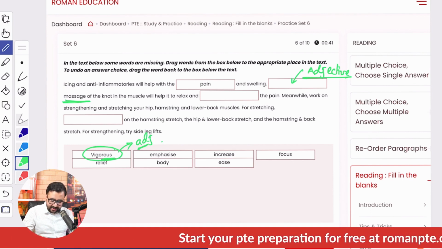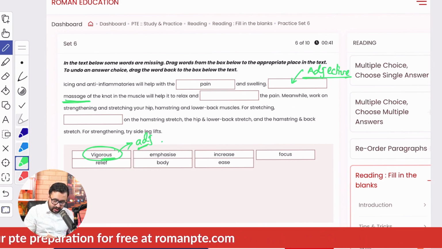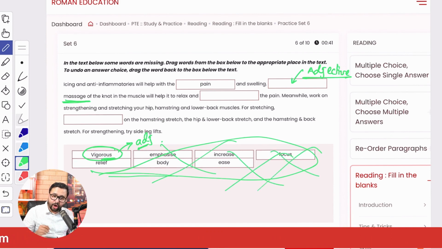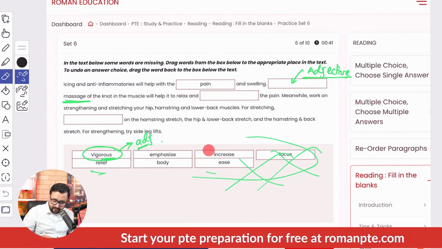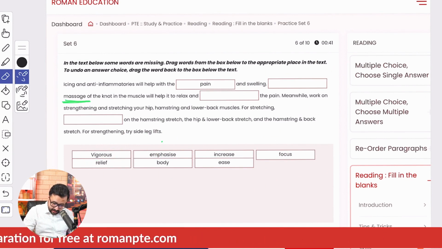So we can quickly see vigorous massage is the better option than the others. For your information, none of the other words are adjectives. So that means they cannot be grammatically possible as the answer. So for those of you who can quickly identify that, it's just a matter of a few seconds before you pick your answer. So for the second one, as we know, the answer is vigorous.